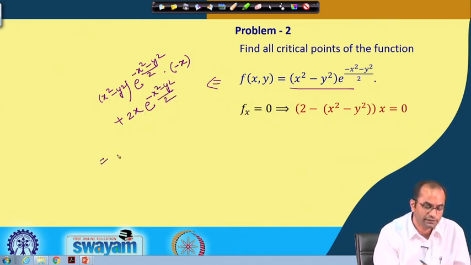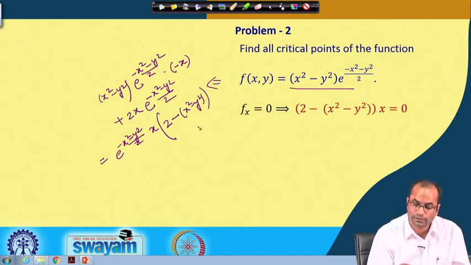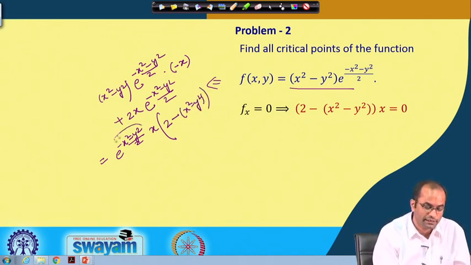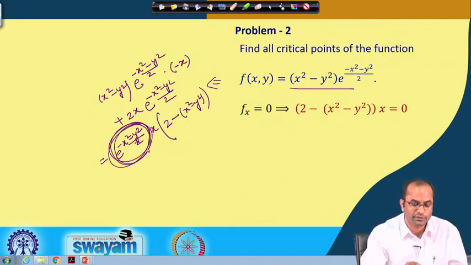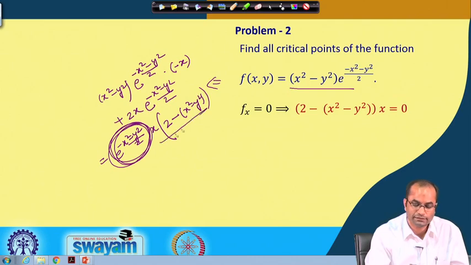So, if we take this e^(−(x² + y²)/2) term common, and also we can take this x common, here we will have 2, then here we will have minus (x² − y²). And this exponential of −(x² + y²) cannot be 0. So, we will have that this is equal to 0.